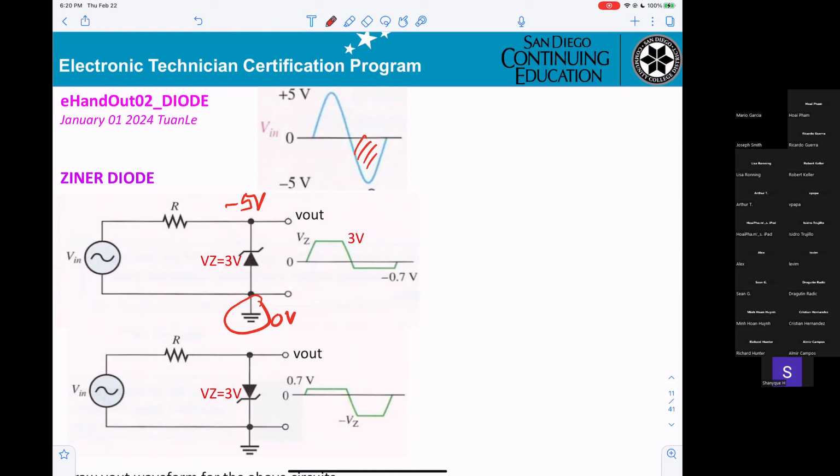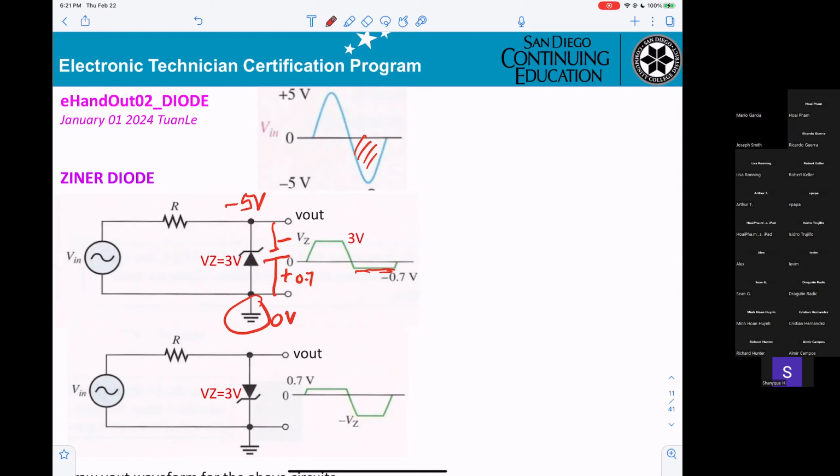So Zener will be on, and they substitute it by the battery, negative, positive, 0.7. So that's why you can see the output now will be negative 0.7 volt.